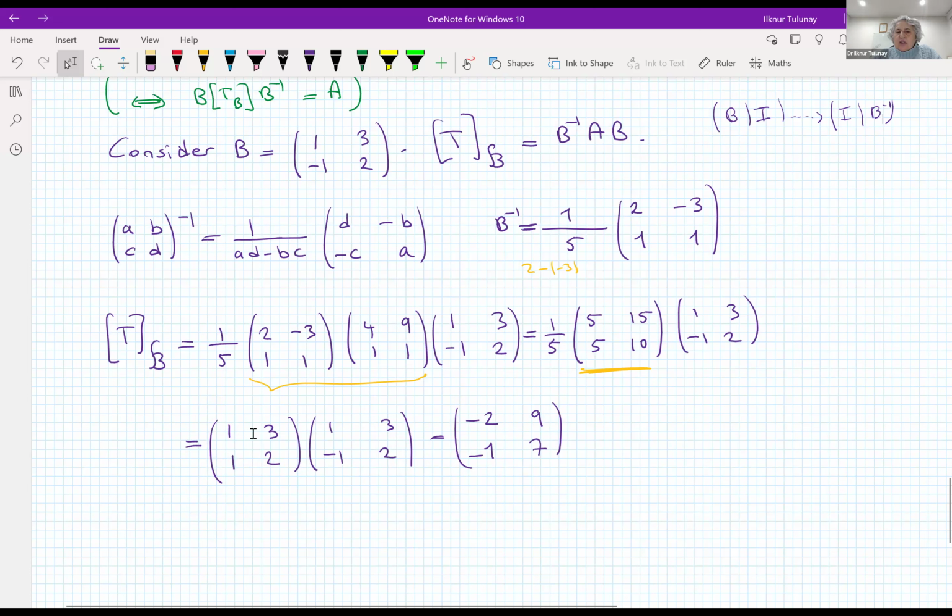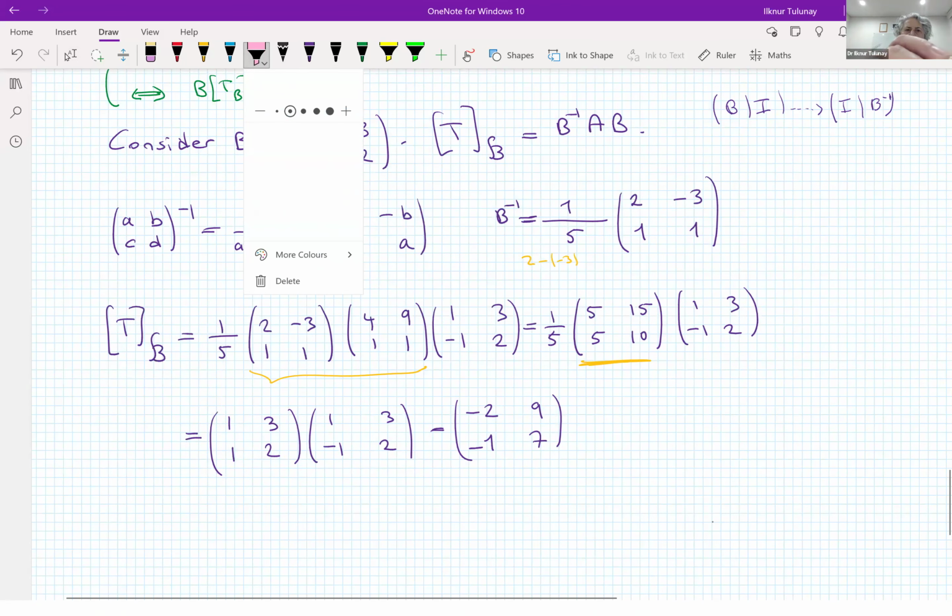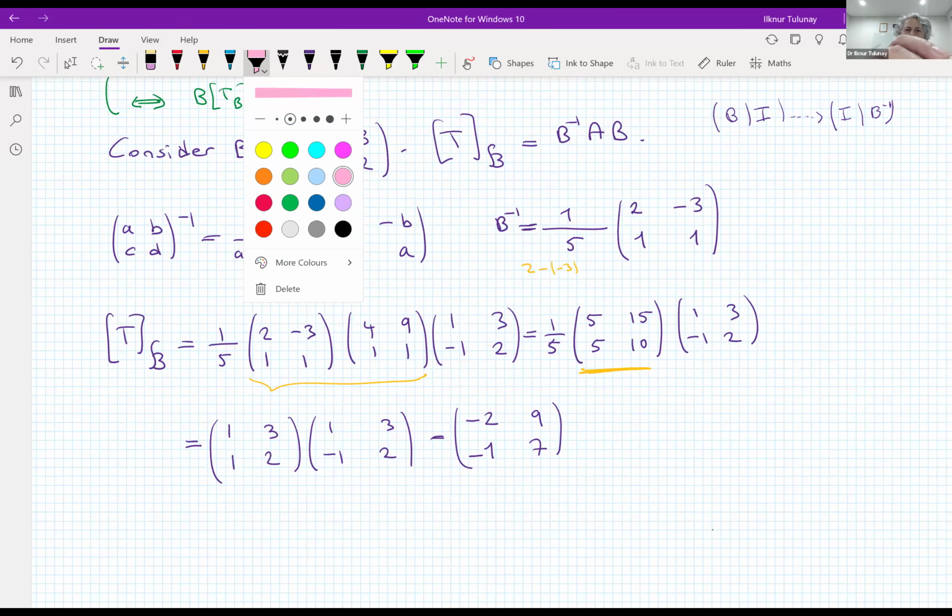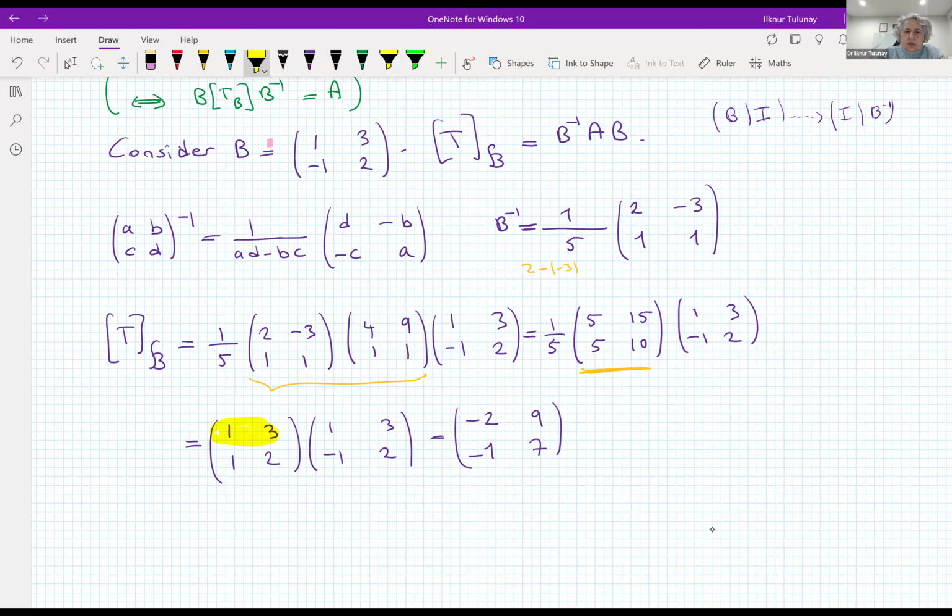As we know, matrix multiplication is row by column. I hope this is clear for everyone. This row vector with this column vector gives you this entry and so on.